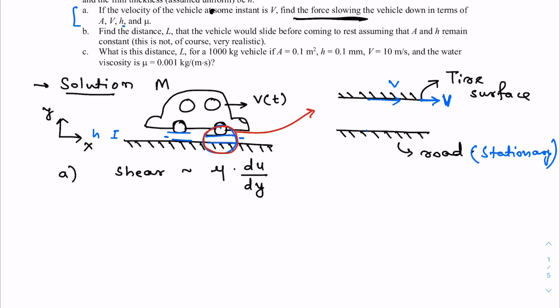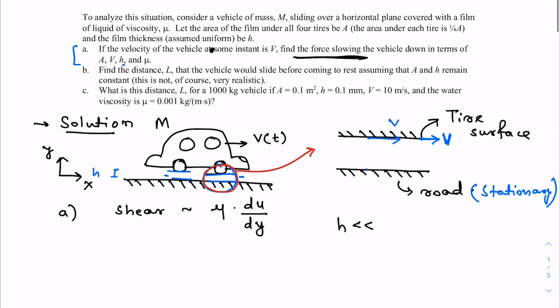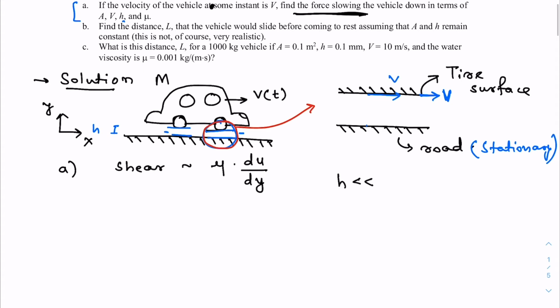So this is like a flow between two parallel plates, and since the thickness h is very small compared to, let's say, unit length, we can assume that the velocity profile between the tire and the road is linear.